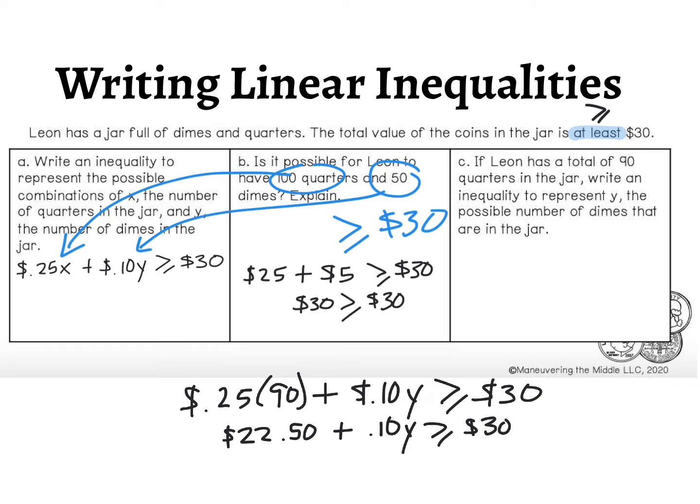To solve for y, I gotta get rid of the 22.50. So I subtract 22.50 on both sides. 0.10y is greater than or equal to 30 minus 22.50. That's $7.50.